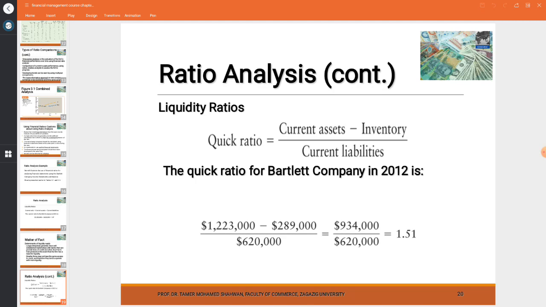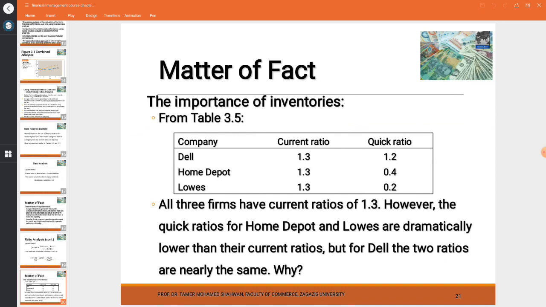This is actually the real reflection of your liquidity over a short term. Therefore, you will find that many researchers in the area of finance, when they assess the liquidity position of the firm over the short term, are interested in calculating the quick ratio rather than the current ratio.